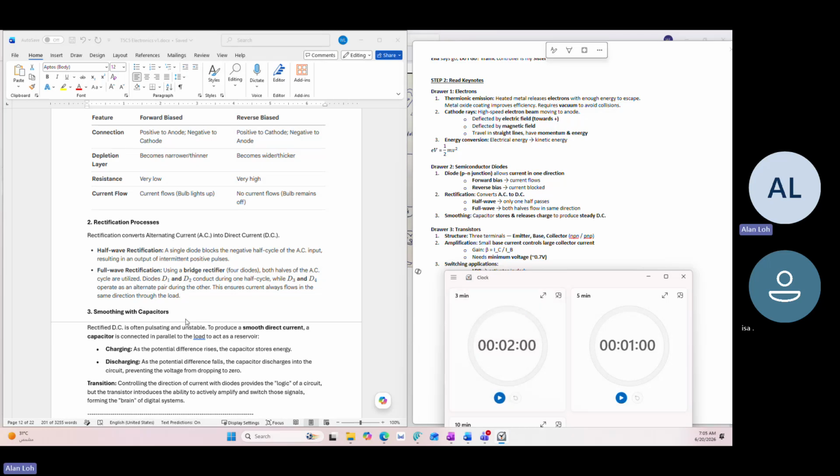Okay. Yeah, for example, this diagram where you have D1, D2, D3, D4, the diodes to make it a full wave. At first, when you read it or when you see that diagram, it looks quite scary, right? So what you can do is also you can copy that screenshot and put it into ChatGPT and ask ChatGPT to explain to you, rather than you trying to figure it out by yourself.